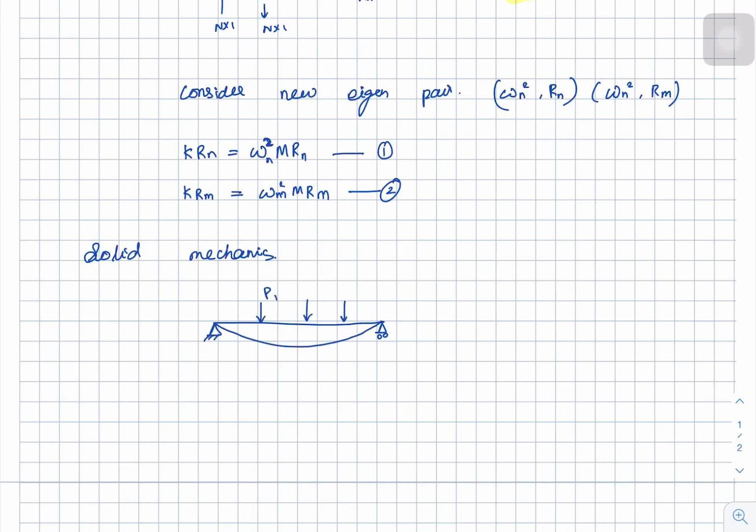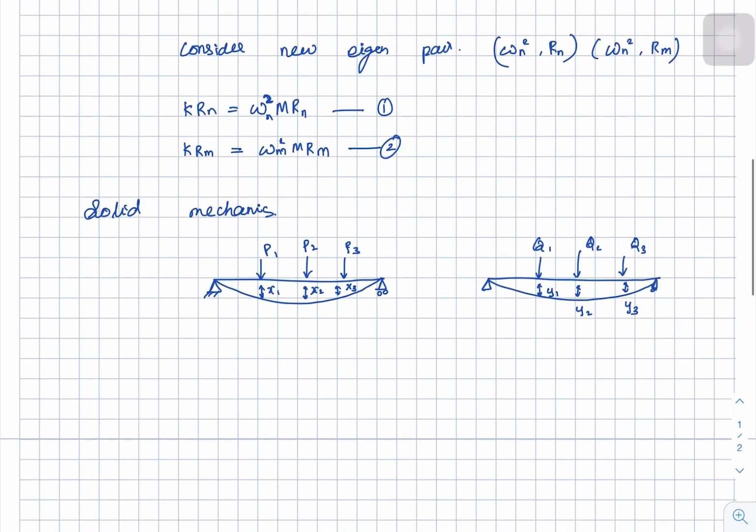Let's say these forces are P1, P2, P3, so the displacements will be x1, x2, x3. Consider the same beam, and you apply different forces now, Q1, Q2, Q3. The points of applying force will be the same. Then the associated displacements will be y1, y2, y3.